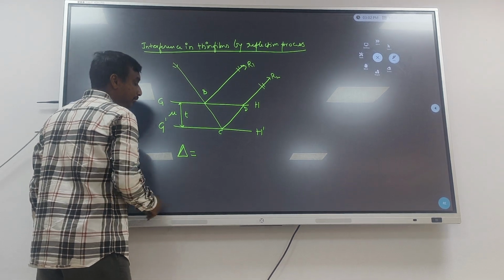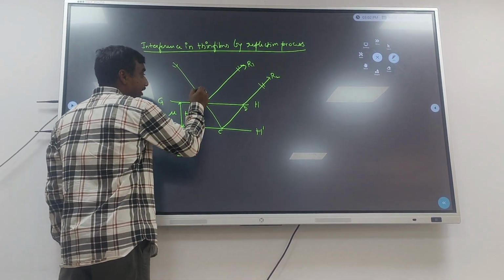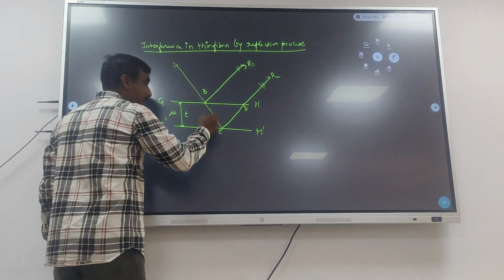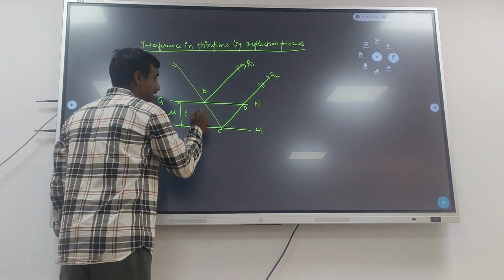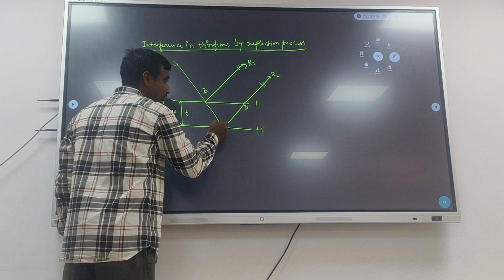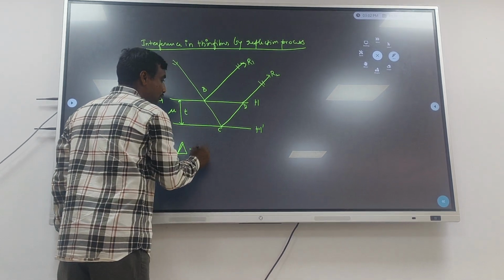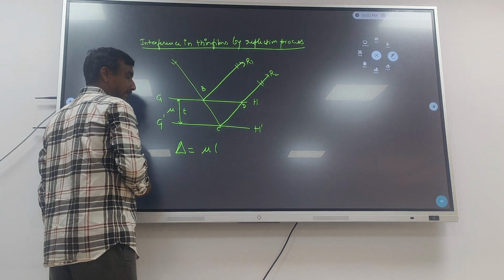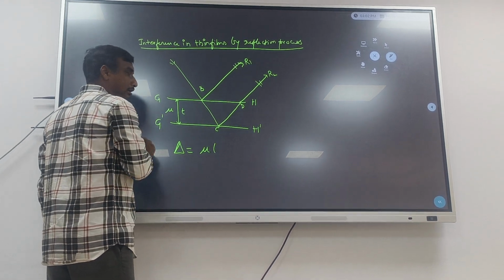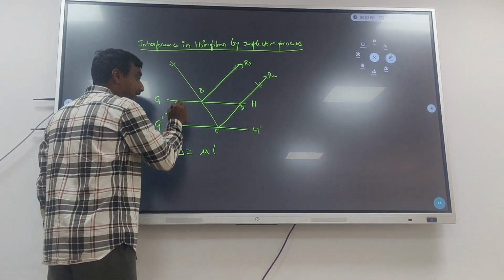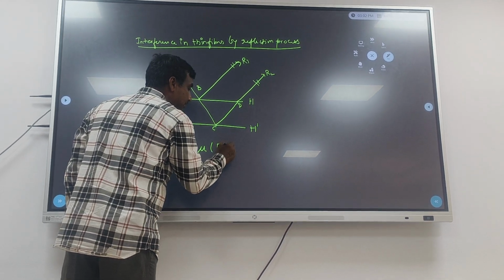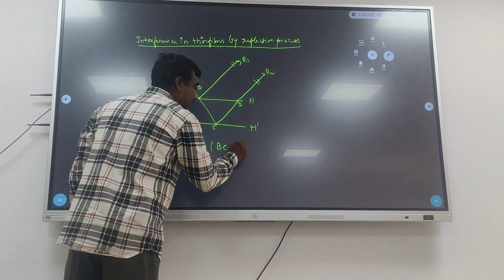Here the extra distance travelled by the second ray will be equal to B to C and C to D, adding the refractive index of the thin film, that is mu times BC plus CD.